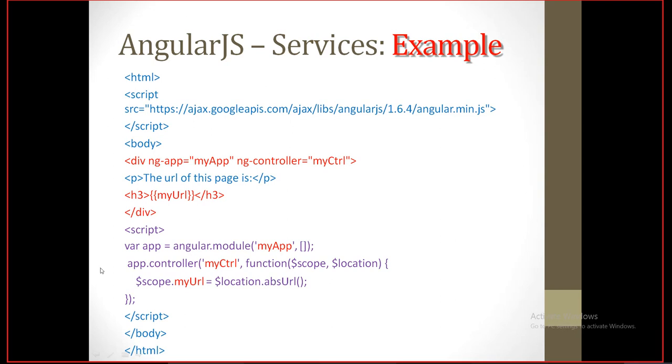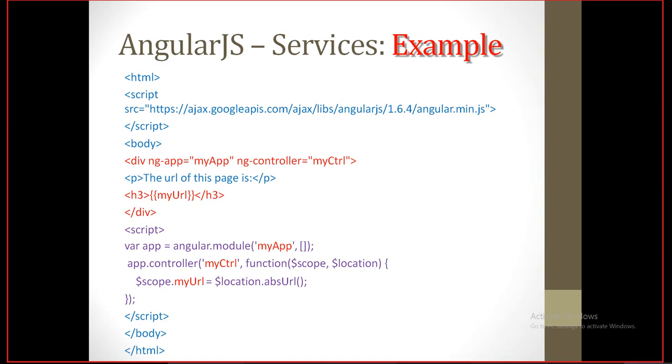Understood? Whatever this page is, that URL of that page will be assigned to my URL variable using the scope object, and that will get displayed as a part of this h3 tag, content of the h3 tag.